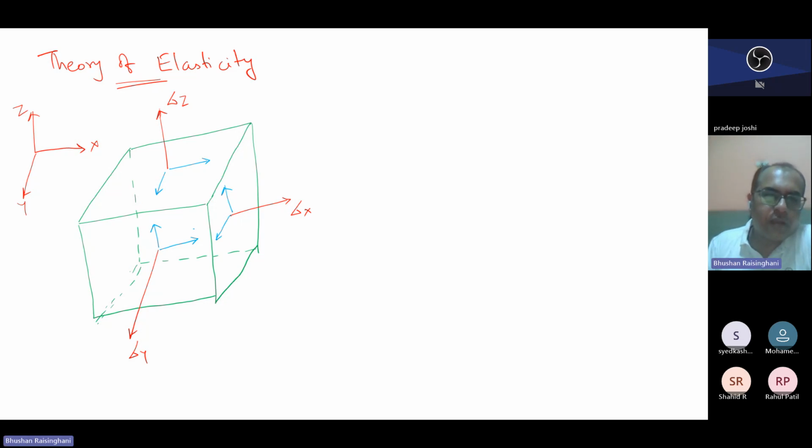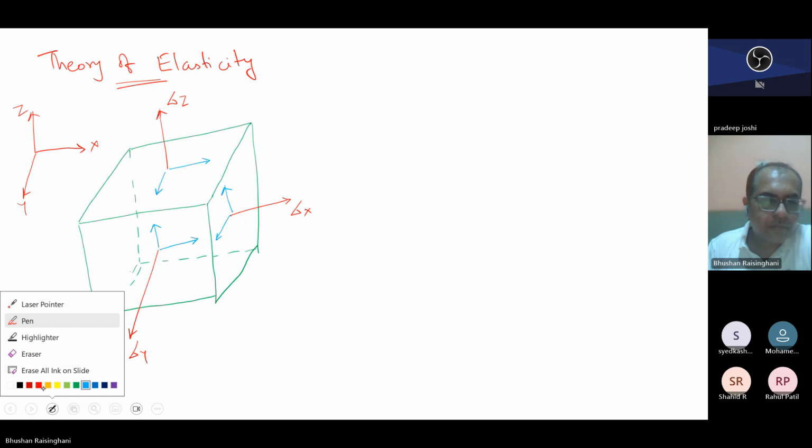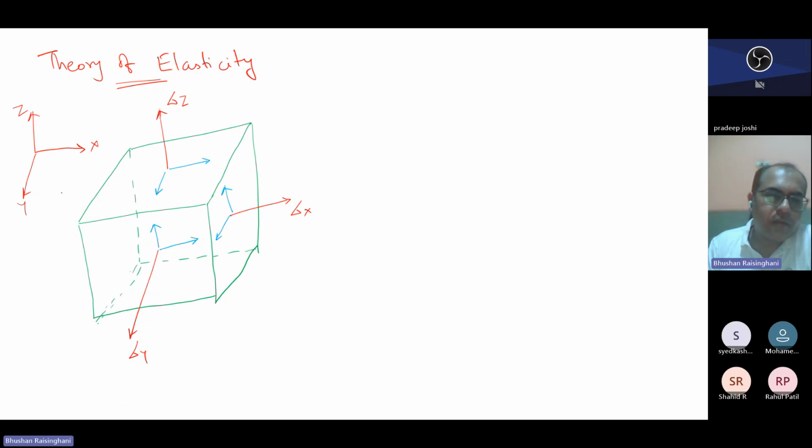So I have shown it for three surfaces. The same you can assume for the other three sides, in which when the differential equation is formed, there will be some sigma X plus delta sigma, right? Some delta increase will be on the other side.